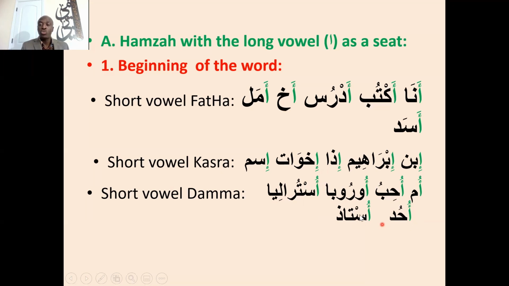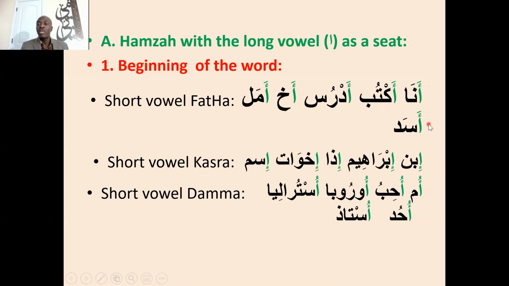Uhud. Ustad. Ustad is a professor or teacher. So these are the rules of the hamza. When the hamza is at the beginning, to recap quickly, hamza had the fatha, the kasra, the dhamma, and we always have alif here to support.